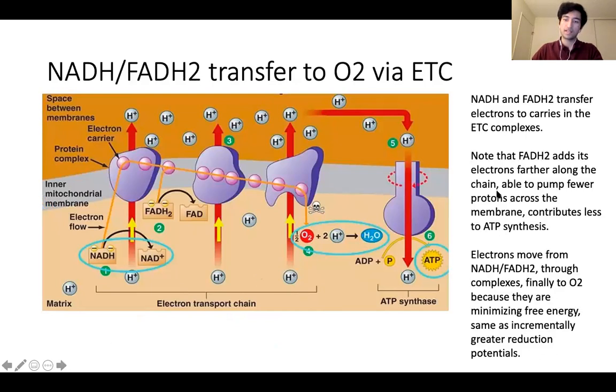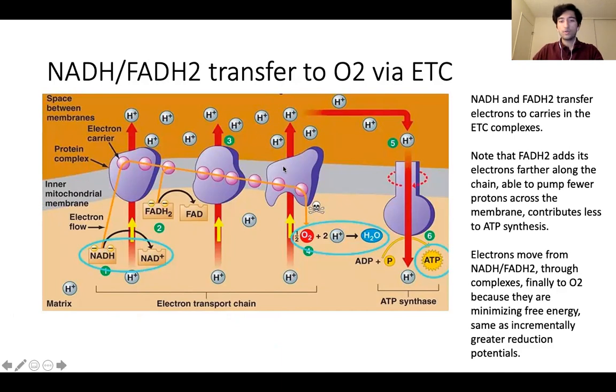So I'm just going to put some text up here, but let me explain what I mean by all of this. For the purpose of this class, you don't need to know too many of the specifics as to what exactly each one of these molecules are. We also make the simplifying assumption that for every single NADH molecule added to the electron transport chain, approximately 3 ATP are produced. And for FADH2, it's a little bit less than that.